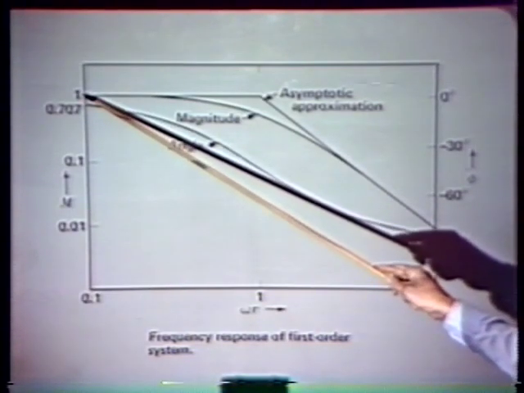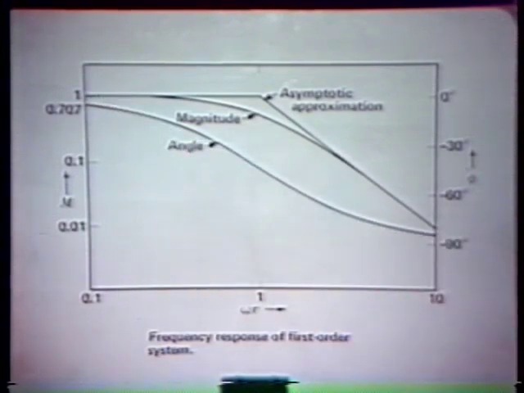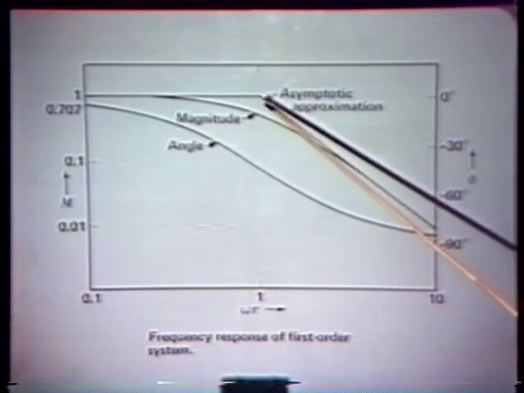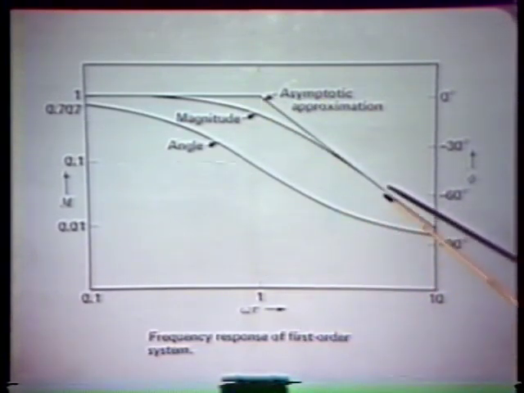At sufficiently low frequencies, of course, the tau s term is vanishingly small, and what we find is that the magnitude is simply 1. Similarly, at sufficiently high frequencies, the tau s term dominates, and consequently, at high frequencies, the magnitude falls off as 1 over frequency, and so on a log-log presentation, that corresponds to a slope of minus 1 going out in this direction.